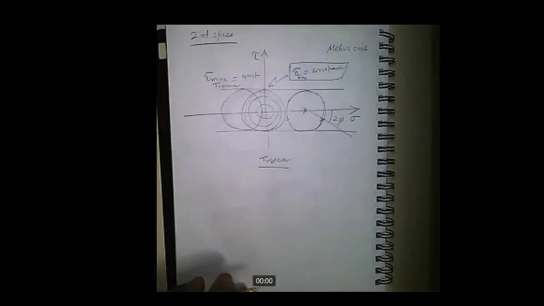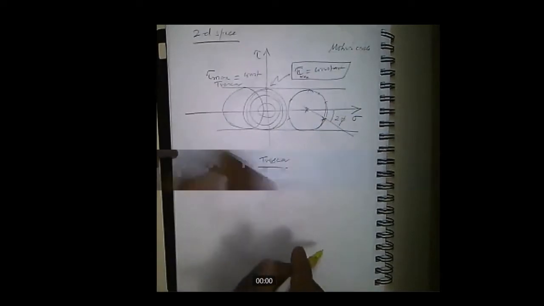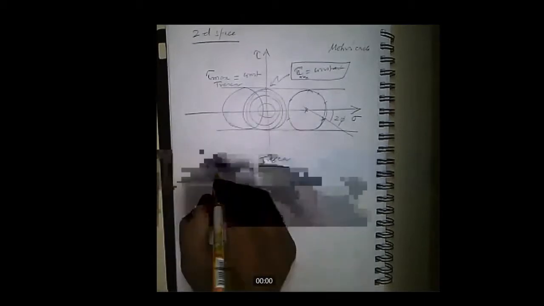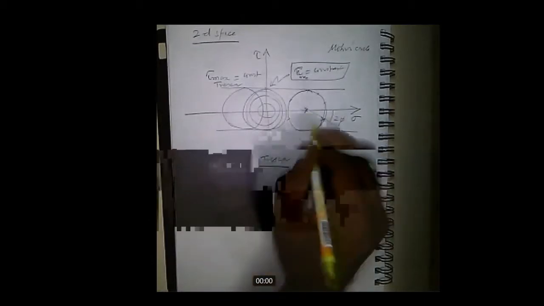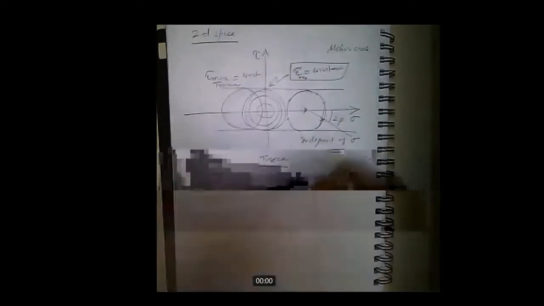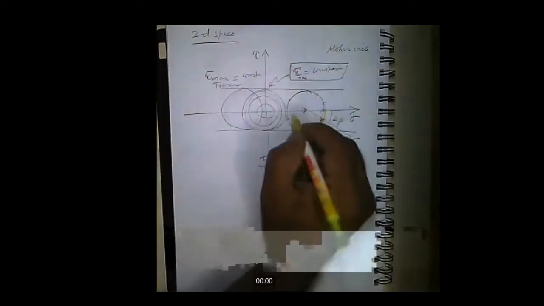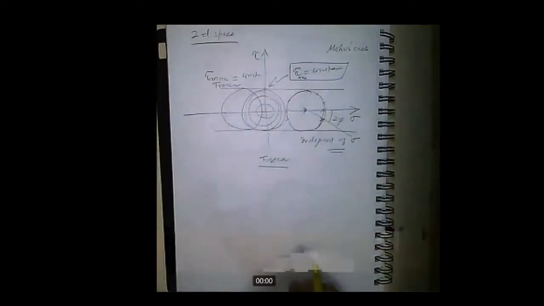Yes, sir. Now, I'm going to make another statement here. This means it is independent of sigma, is it not? Because it has no role to play what is sigma 1, what is sigma 2.